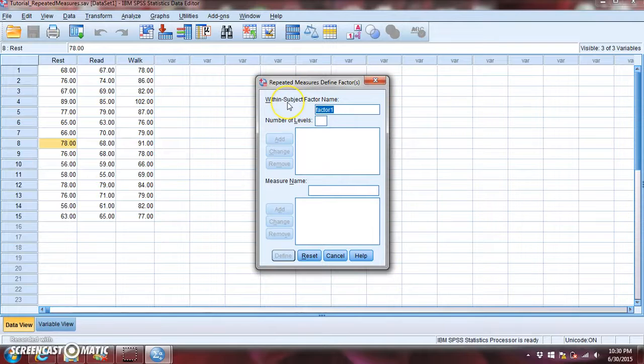So it's asking us basically what is an overall variable name for your repeated measures variables. In this case we could say something like heart rate. And we can say that there are 3 levels because we have the resting level, the reading level, and the walking level. So if we click Add, it's been created, and we can then go to Define.